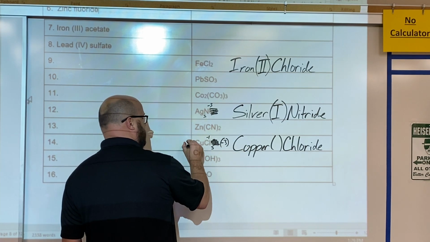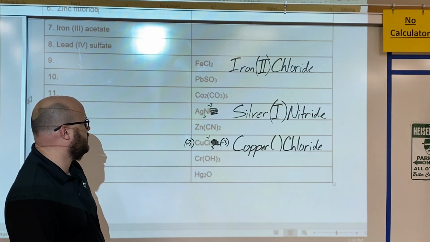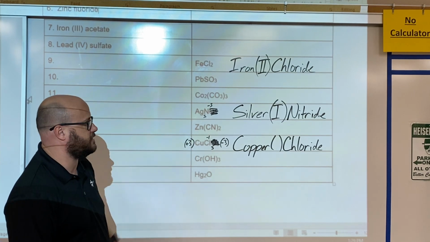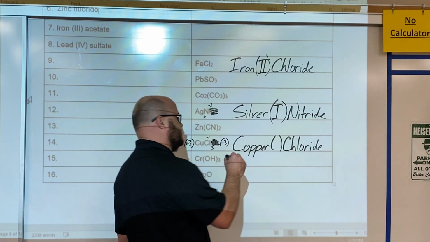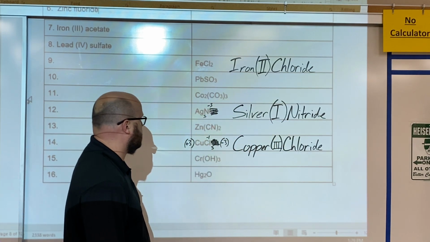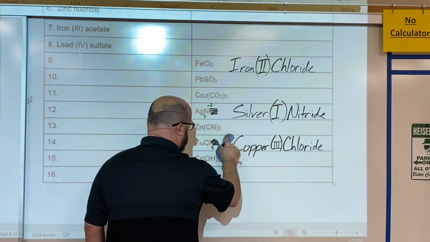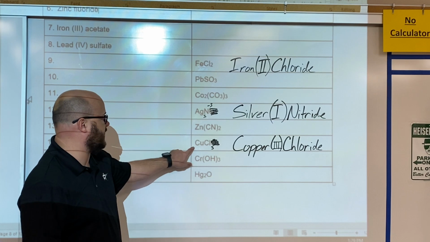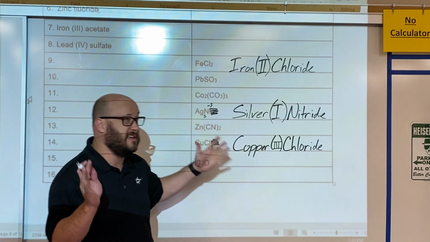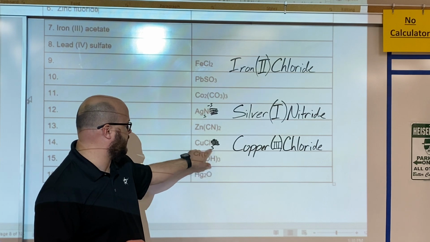Total charge for the anion, we need a +3 total charge for the cation. We only have one atom to do so. So copper would have to be a 3+ in this scenario. Now, we could have gotten away with it again on our little trick. If you just look at the subscript of the anion, that will tell you the charge of the cation most of the time. So copper 3 chloride.